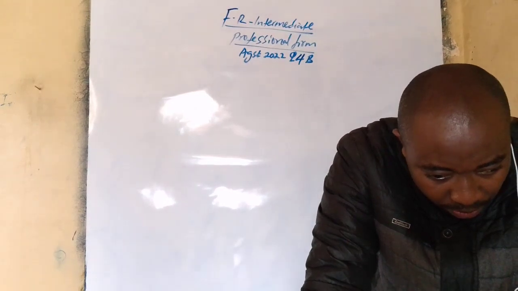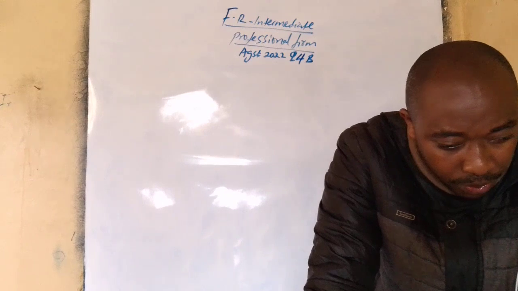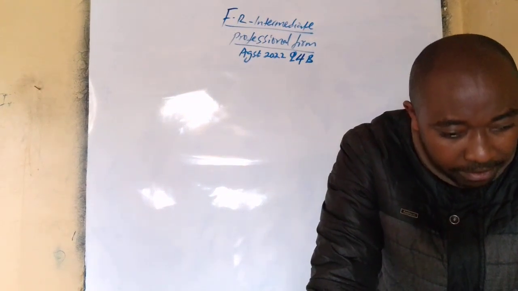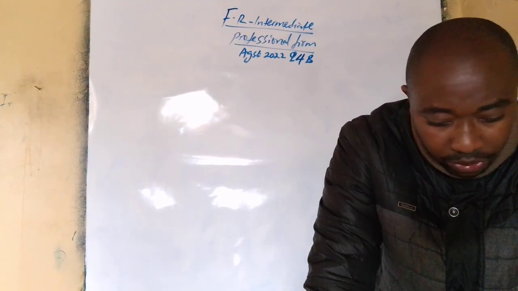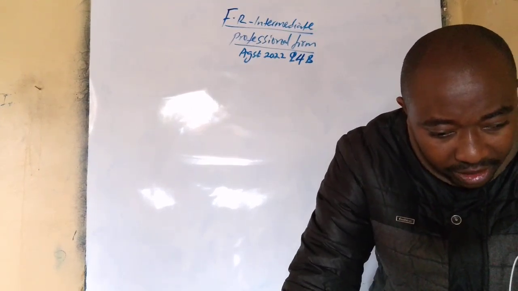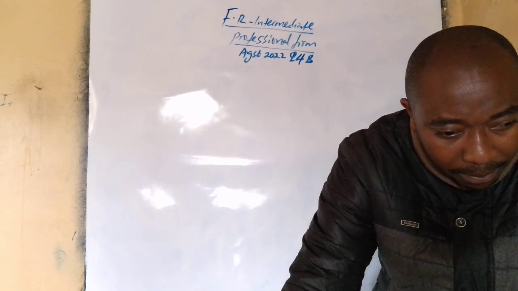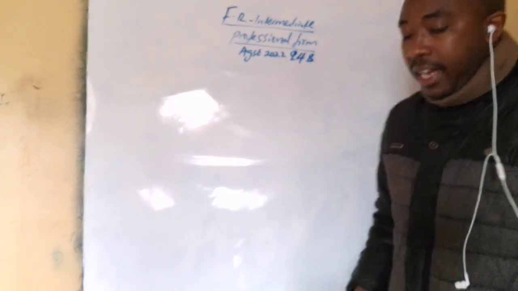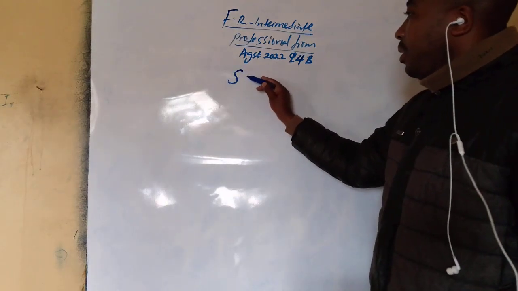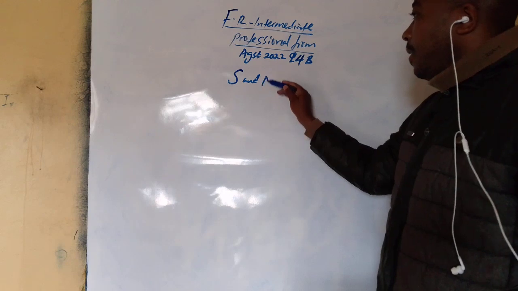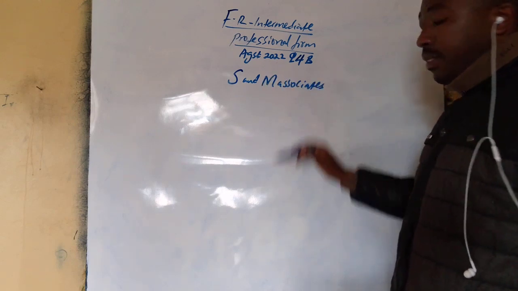We are required to prepare the statement of profit or loss for the year ended 30th June 2022 and the statement of financial position as at 30th June 2022. So let's start with the statement of profit or loss. This firm is an advocate firm. So we start with the name S&M Associates.